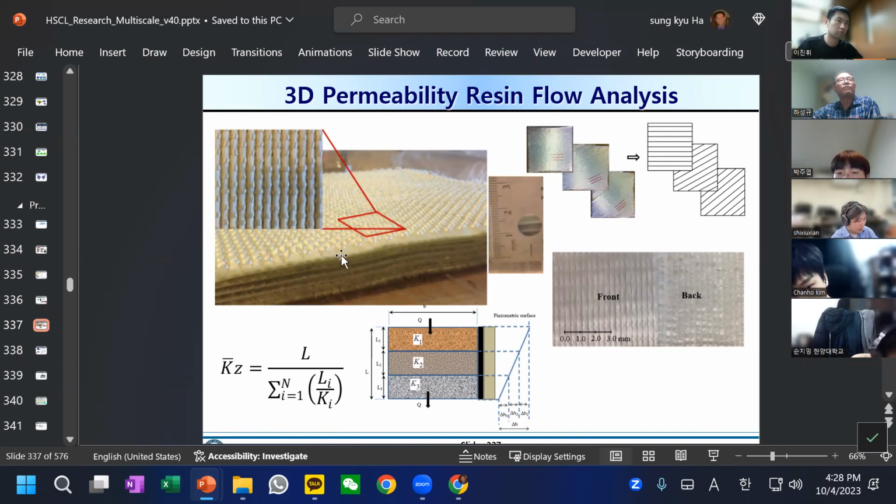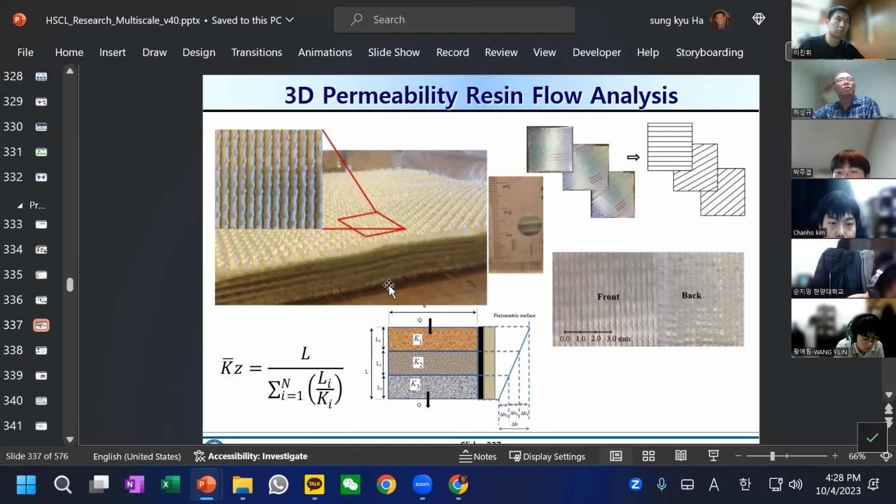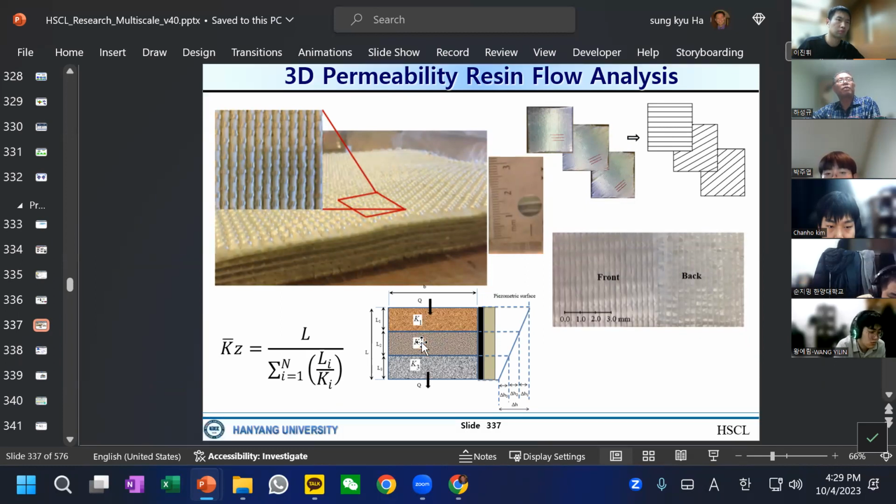So resin can flow not just in the plane direction, but also through the thickness. So in this case, we have a z-directional permeability. So let's say we have a different resin flow composite, and you can imagine how we can calculate the permeability through the thickness.